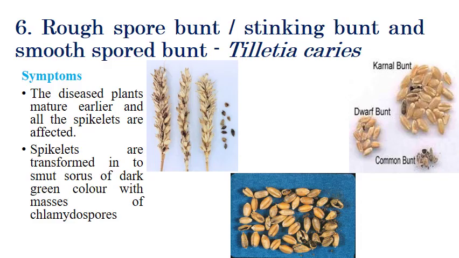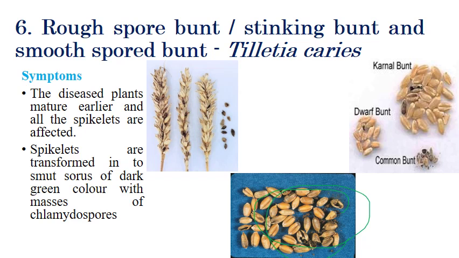So coming to rough spore bunt or stinking bunt and smooth spore bunt, that is Tilletia caries. The diseased plants mature earlier, and all the spikelets are affected. The main symptoms can be seen on the grains: black smut spores, or black powdery masses.